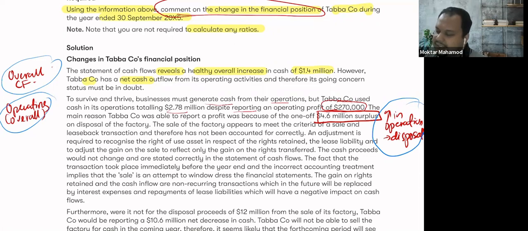And then yang ini, sale and leaseback is not accounted properly. So sale and leaseback. Comment on sale and leaseback. So ni lagi markah yang lain.